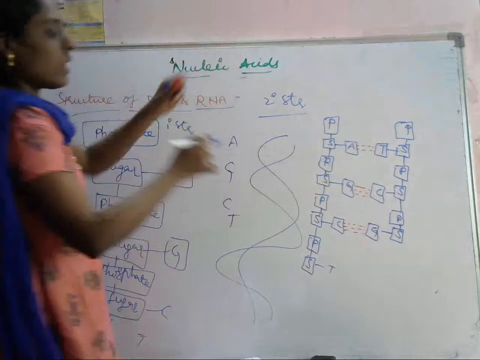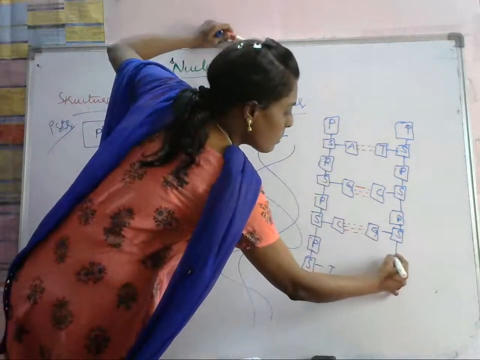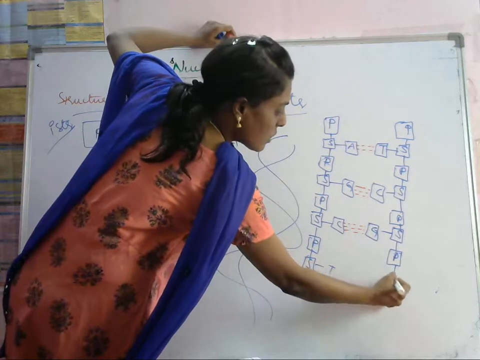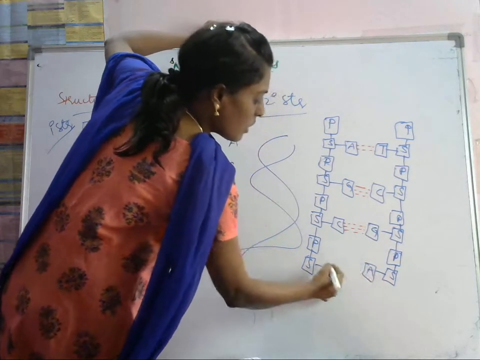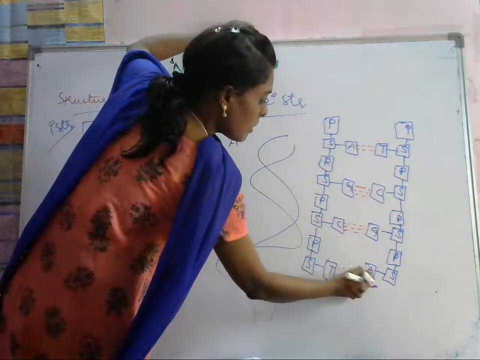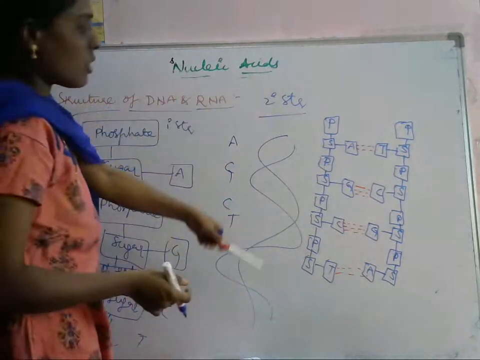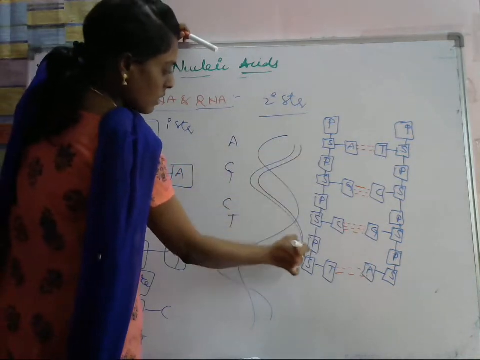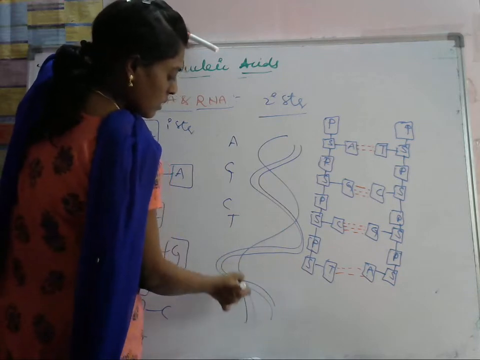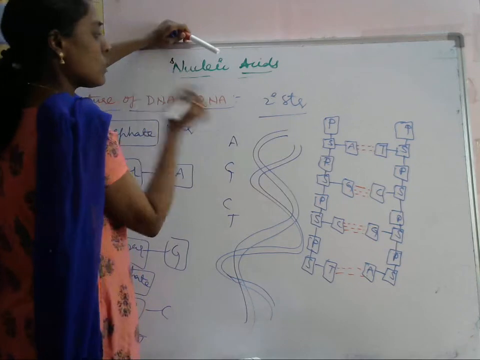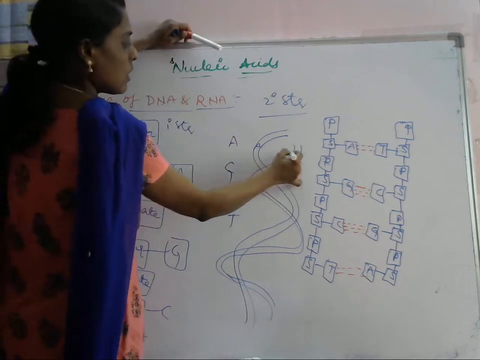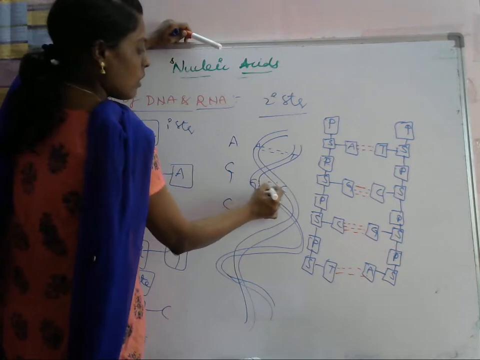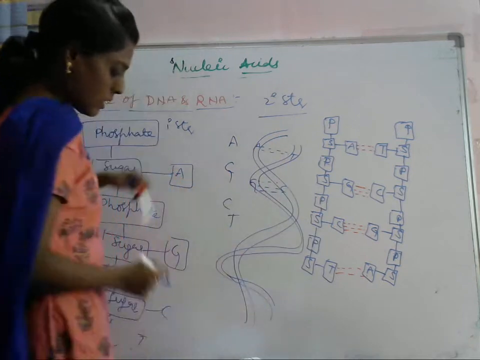Between A and T there are two bonds. So this is the secondary structure: if it is A and T, two bonds are present; if it is G and C, three bonds are present. This is the secondary structure of DNA.